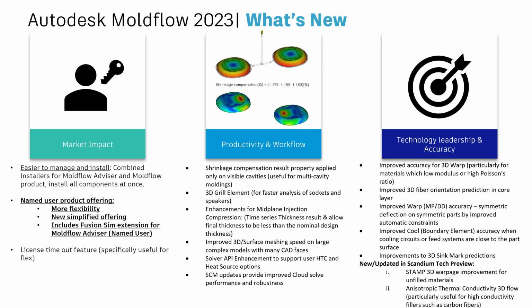In today's episode, we are going to talk about productivity and workflow enhancements: shrinkage compensation improvement, the introduction of the 3D grill element, something that connects to my earlier discussion and the problem I mentioned, and a whole lot of improvements in the solver technologies.